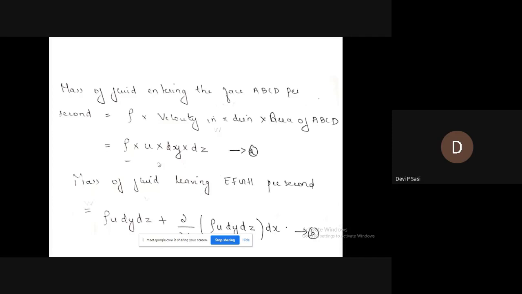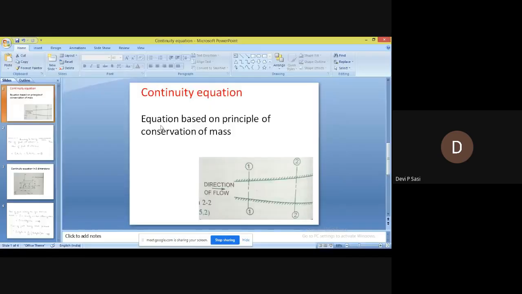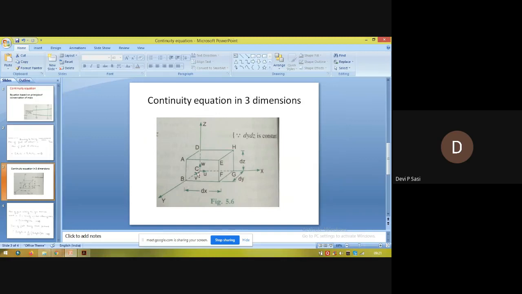So the mass of the fluid entering the phase ABCD will be rho into u into area. Considering phase ABCD, this is dy and this is dz. So the area will be dy dz.